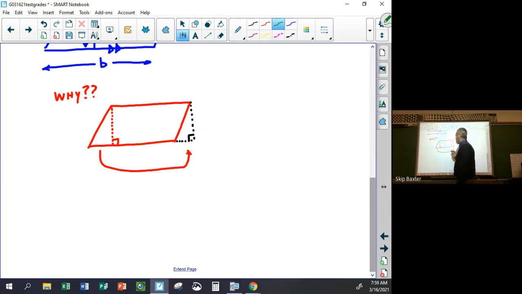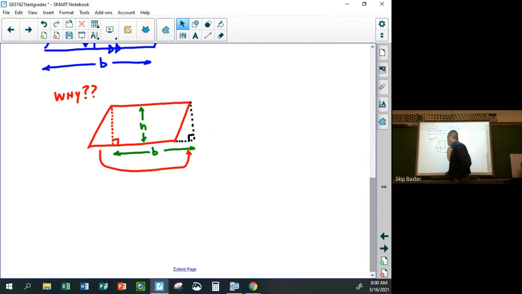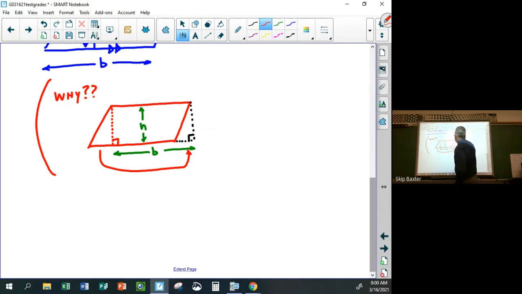And hopefully it makes sense that this rectangle's area is B times H. So that's really why the formula for area of a parallelogram is base times height, because you can turn a parallelogram into a rectangle super easily by just taking one of those corners, chopping it off, and putting it on the other side. So that's why the formula is base times height.